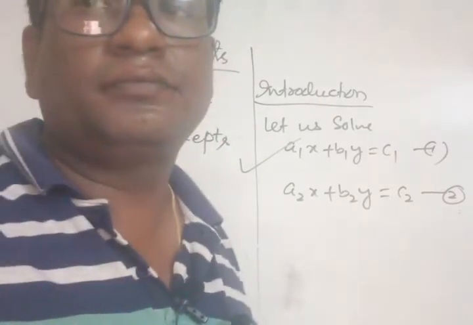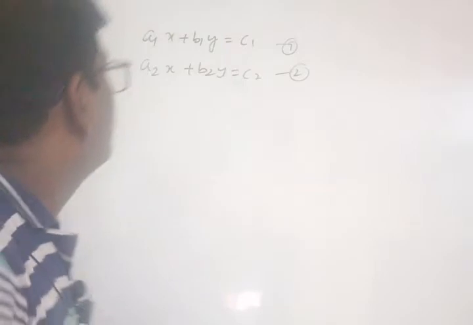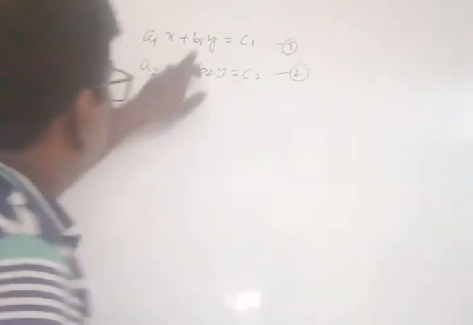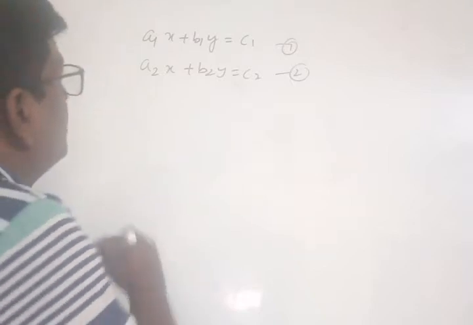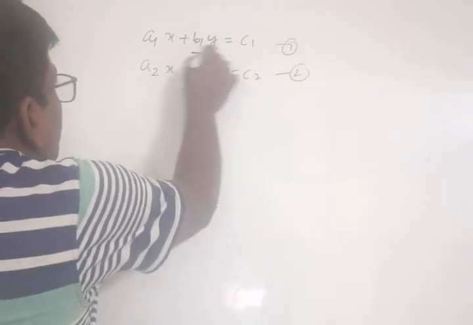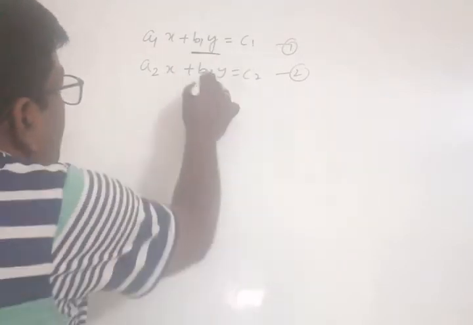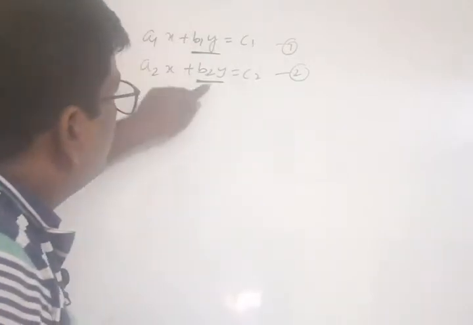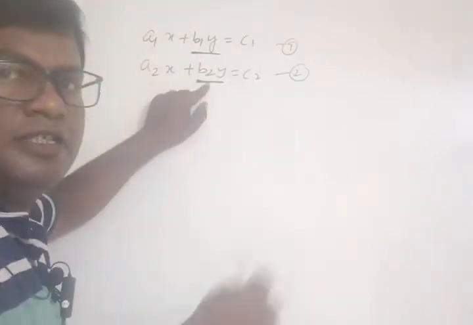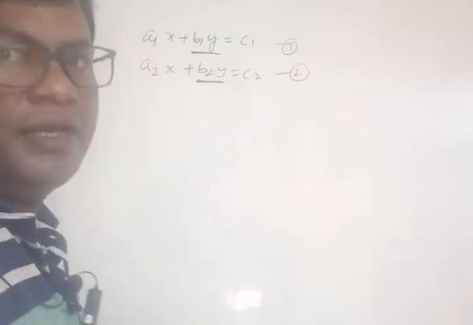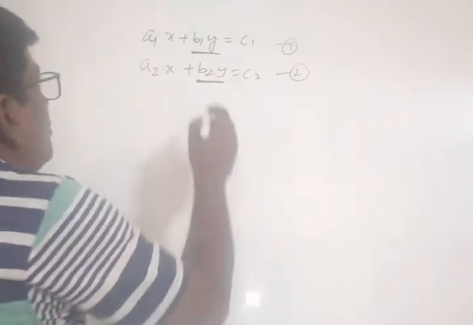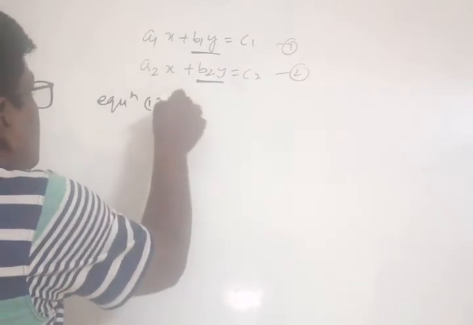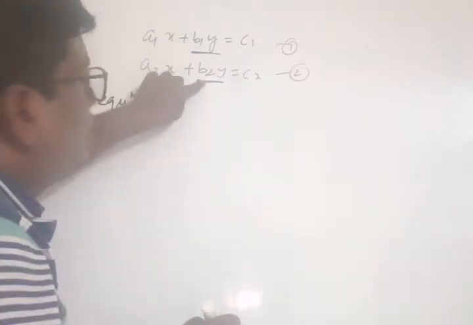Let's solve using the elimination method. How can we solve it? First, cancel the y term. Here b1 into y, here b2 into y. So if these two terms are equal and then we subtract, the y term will be cancelled out. So equation 1 into what? Here b1 is present, here b2 is present.